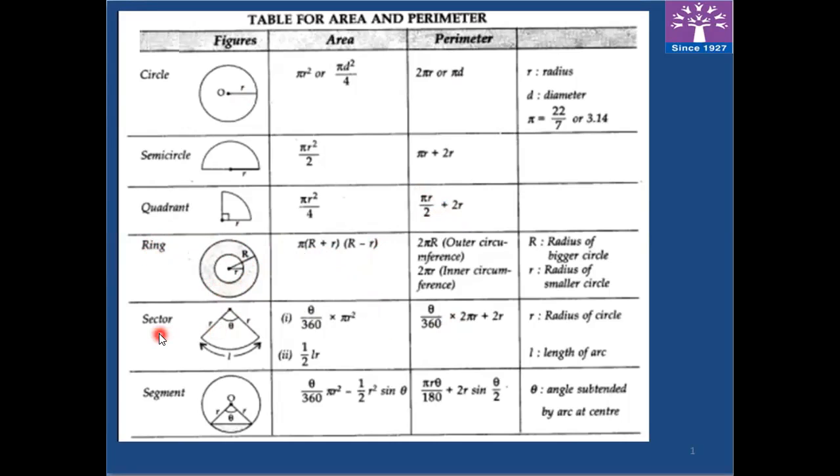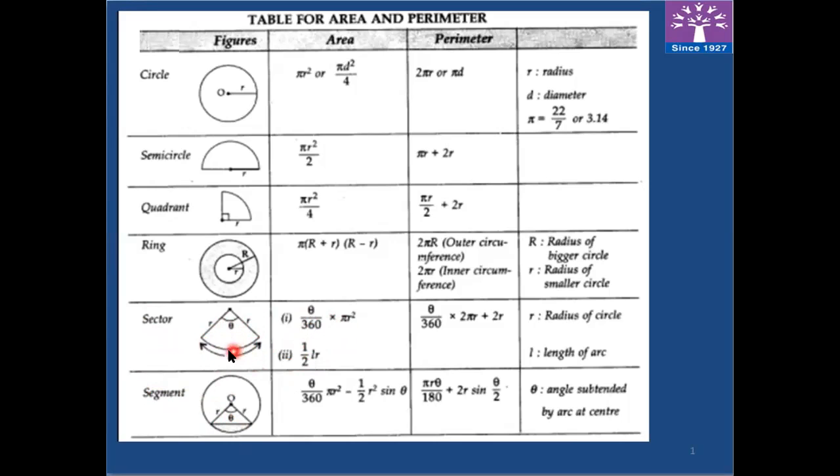Then comes a sector. This is a minor sector, and this area is a minor segment. A segment is a part of a sector. To consider the sector, if we calculate its area, we have to get the central angle theta. Then the area becomes pi r square theta divided by 360, or else 1 upon 2 L into r, where L is the arc length, that is pi r theta upon 180.